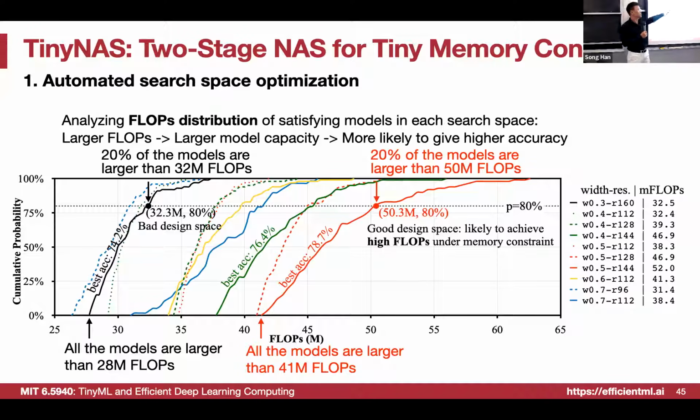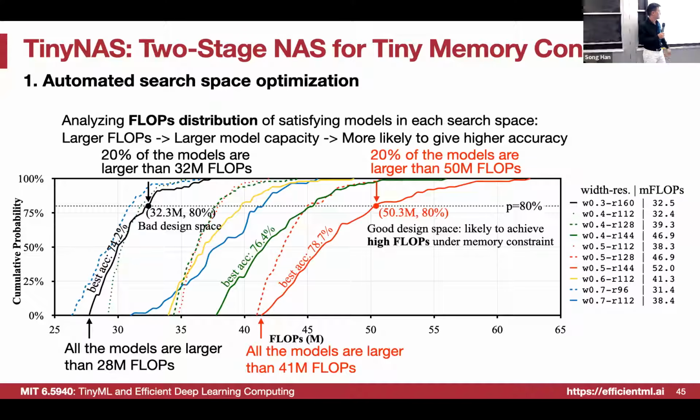We can look at another point. So here, 20% of the models are larger than 32 million FLOPs. Here is 80%, so 20% of them is larger than 32 million. The higher, the better. And you can see here, only the top 1/5 of the models is good. But here, the top 20% has more than 50 million FLOPs, which is larger than 32 million, right?